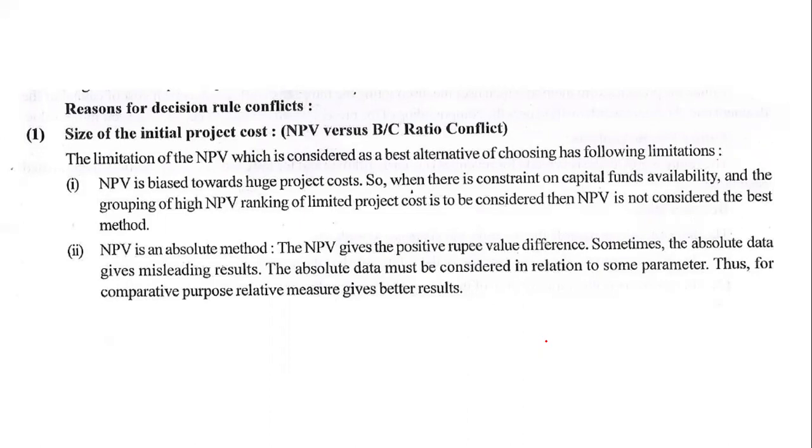But when you see the actual situation, you get the figures on the negative side, that means the company or firm faces losses. So this net present value always gives the positive value, that means they cannot identify the risk part of the process.